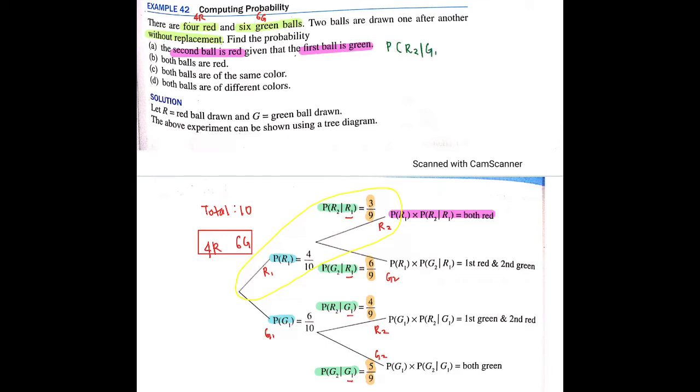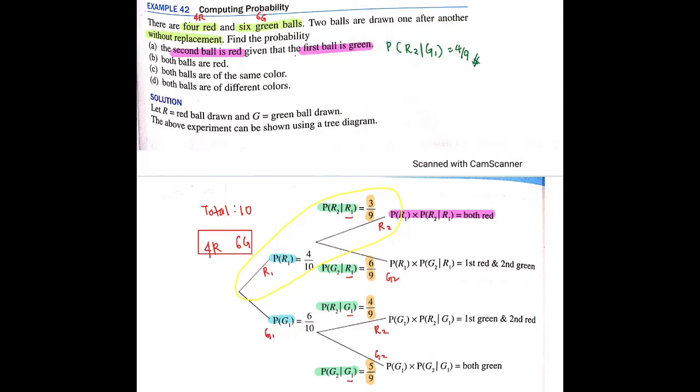So we want the probability of R2 given G1. This is the probability of R2 given that the first is G1. So just read this probability here. The answer is 4 over 9.